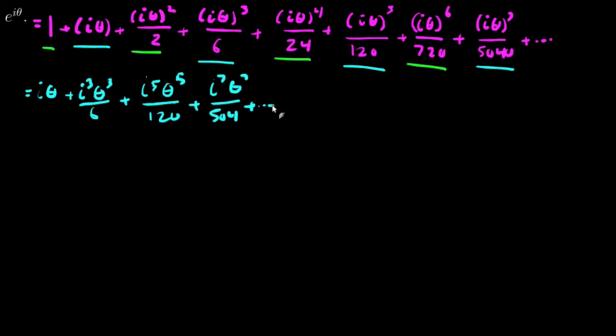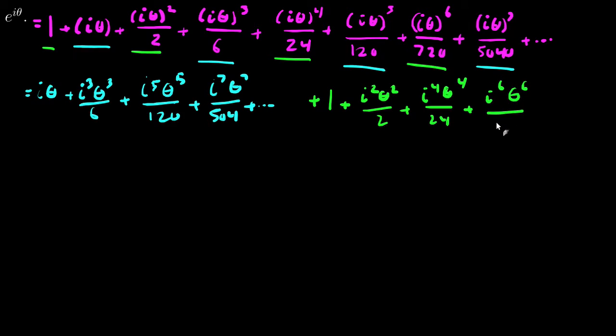And that keeps going. And then I have the even powers. I have 1. I have i squared theta squared over 2. I have i to the 4th theta to the 4th over 24. I have i to the 6th theta to the 6th over 720.